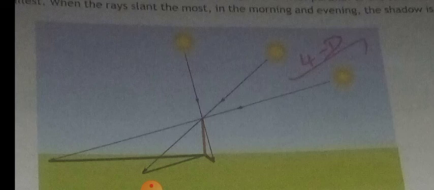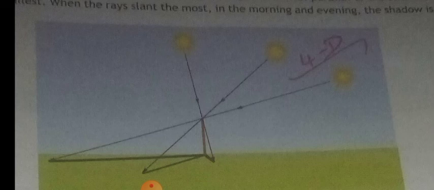When you keep a stick upright in the open garden, as the sun moves across the sky, the shadow will move from one side of the stick to the other. We already know this. The shadow will naturally fall on the side opposite to the source of light. Normally, the shadow is formed just opposite to the source of the light.